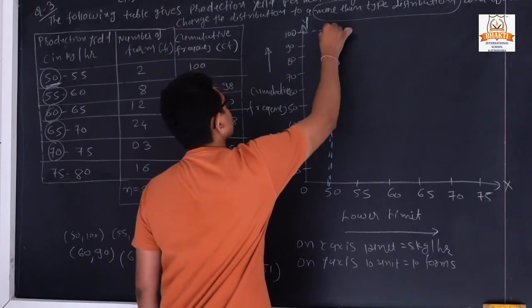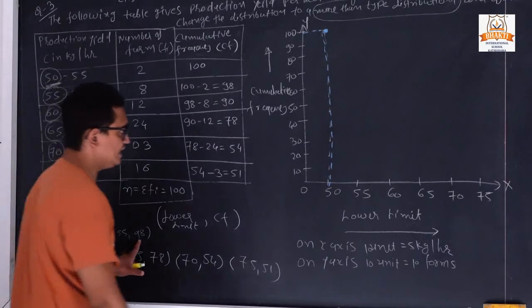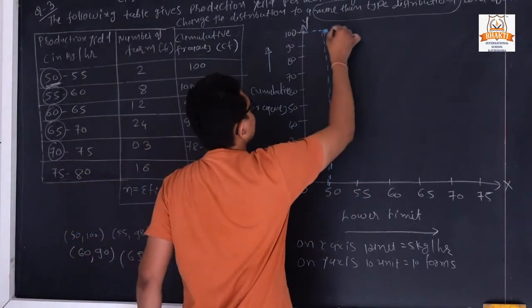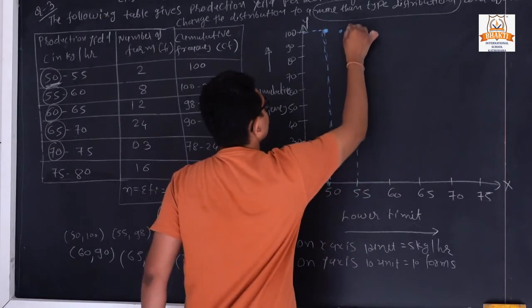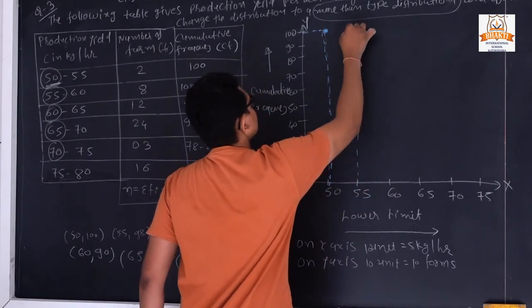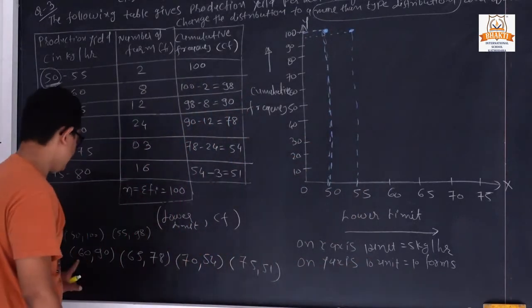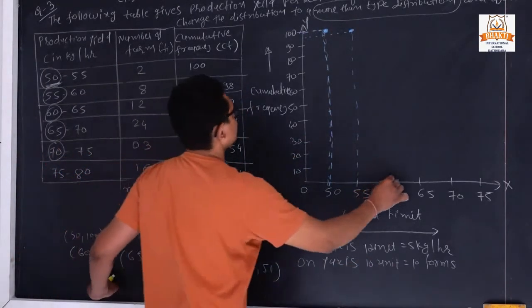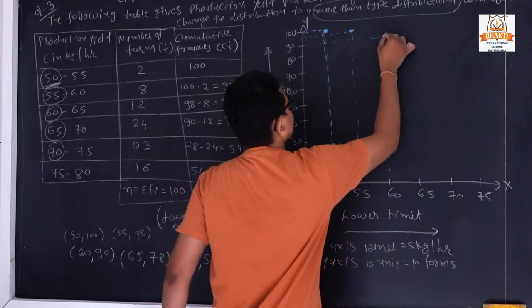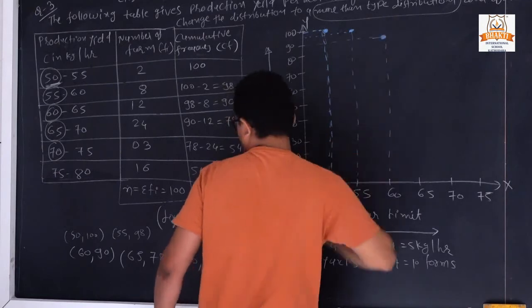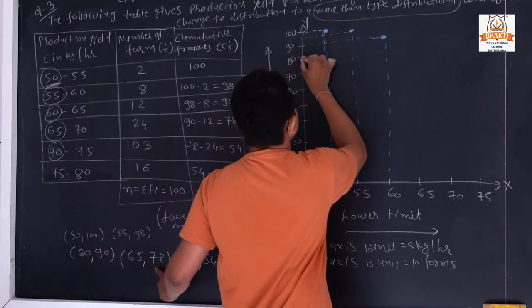So here we have the first point. Then second it is 55, 98. So 98 is here. Then 60, 90. Then 65, 78.